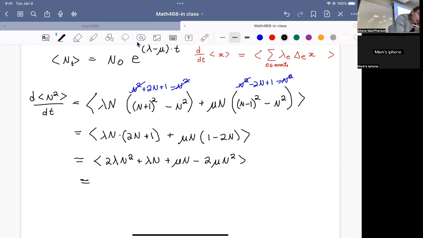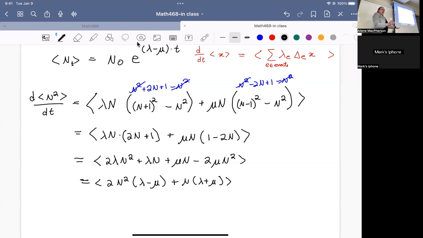Or one way of thinking about this is that you have 2n squared times lambda minus mu plus n times lambda plus mu. All right, so this is where I'm going to pause for now.